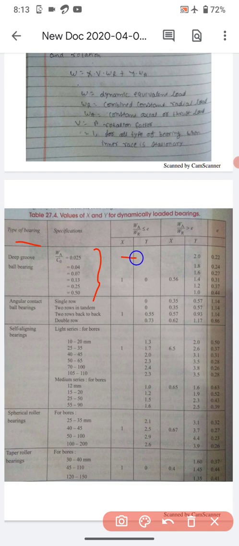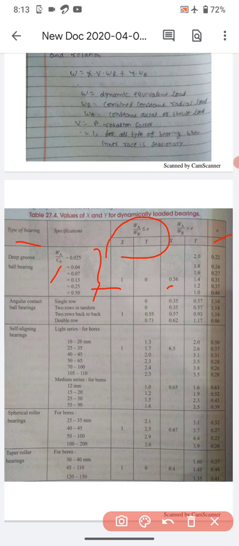Value of X and Y for WA upon WR less than or equal to E will be 1 and 0, and if WA upon WR is greater than E, then X and Y values will vary, that is X will be 0.56 for all and Y value will be 2.0, 1.8, 1.6, 1.4, 1.2 and so on.